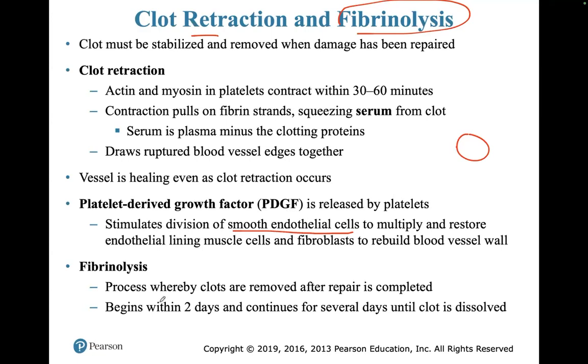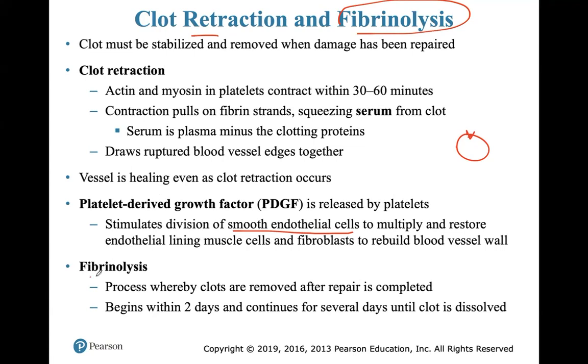Basically, those cells need to grow again because the tissue is damaged. Suppose you have a gap here; these cells will start growing so that the gap is sealed. They will start multiplying, basically dividing, and that will restore the blood vessel back to its original position.